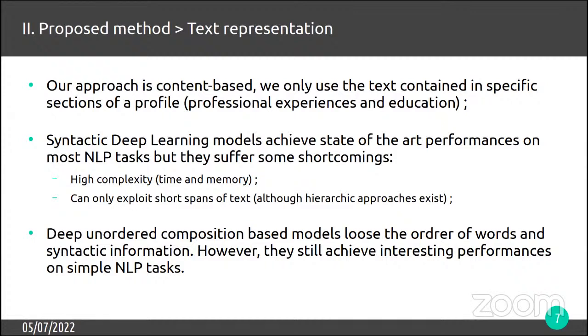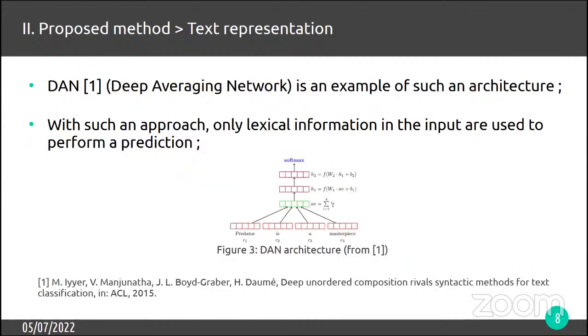On the other hand, we have other types of architectures that did not gain the traction that transformers gained, which are models based on deep unordered composition approaches, which totally lose the order of words and syntactic information. However, this kind of model still achieves interesting performance on some NLP tasks.